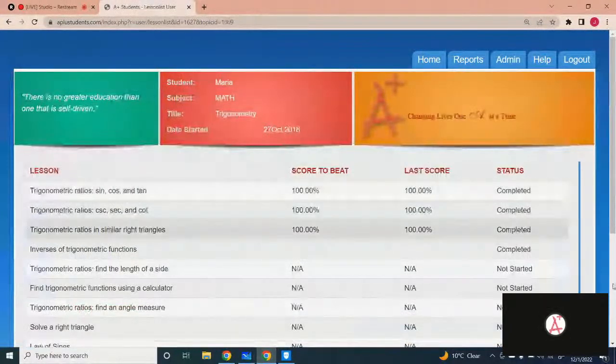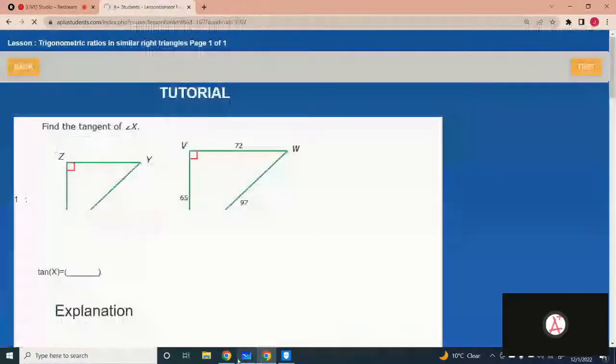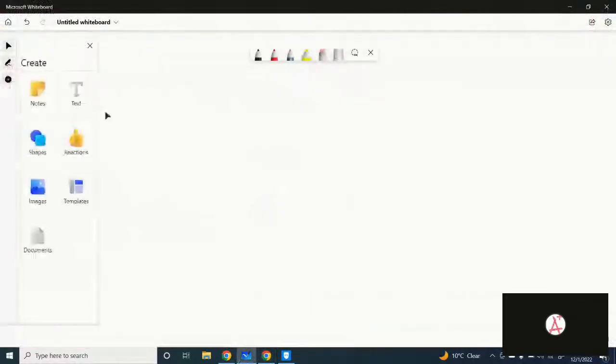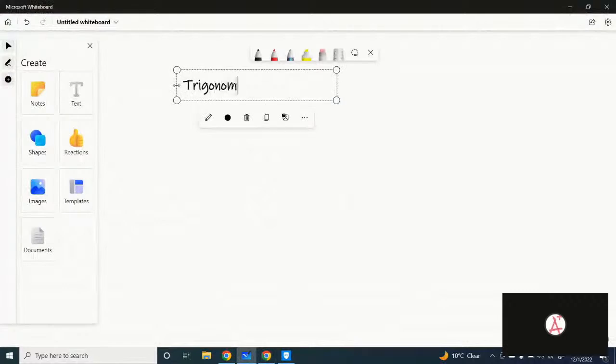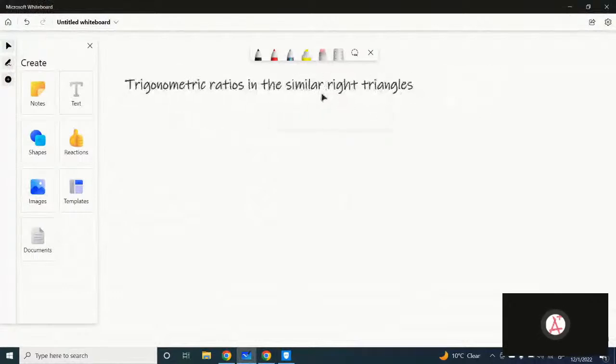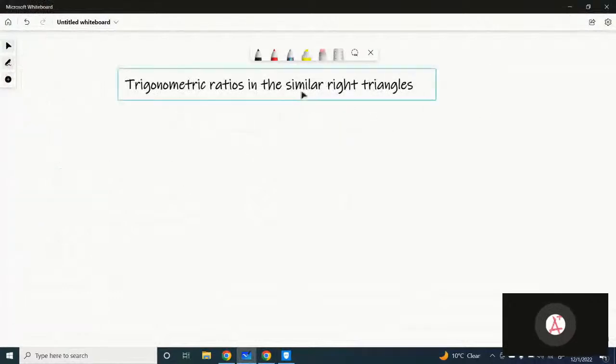Let me write down the lesson name on the board. Okay, let's start with the lesson, trigonometric ratios in similar right triangles.